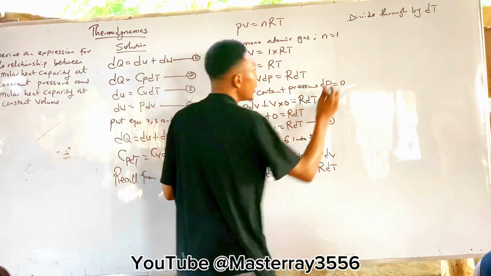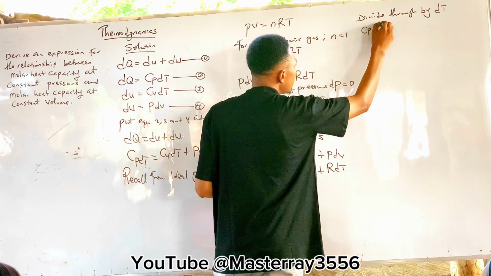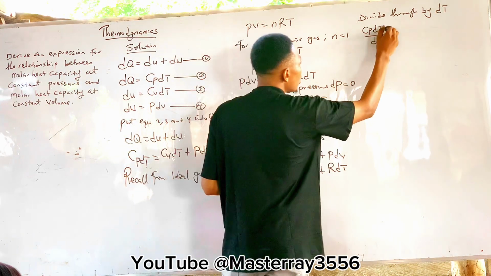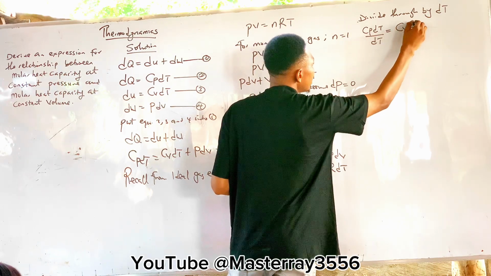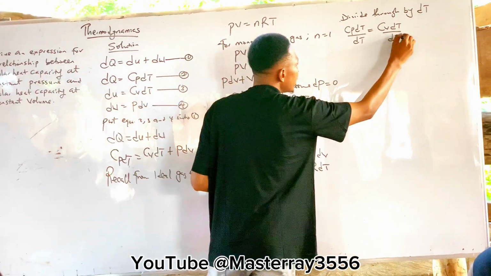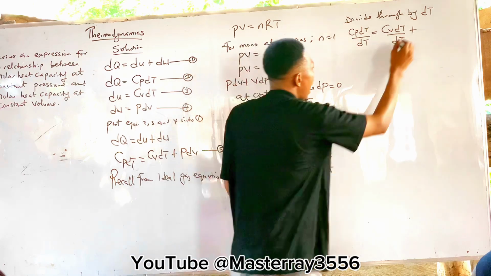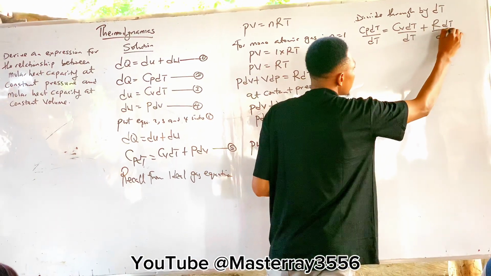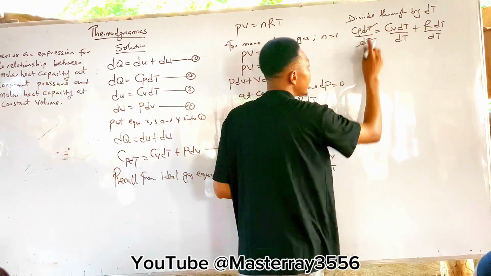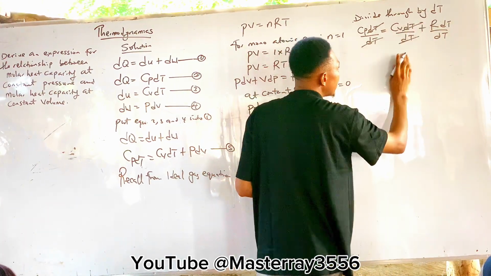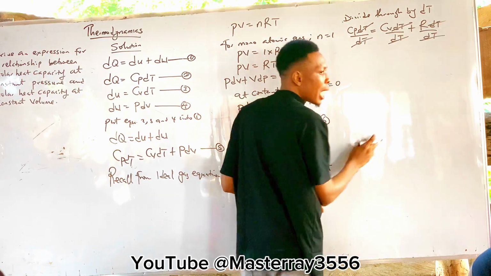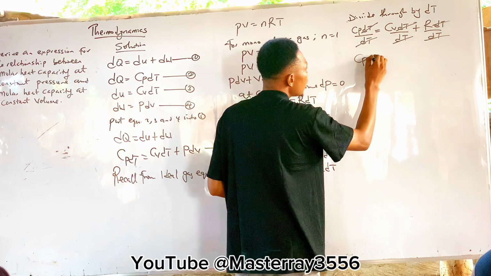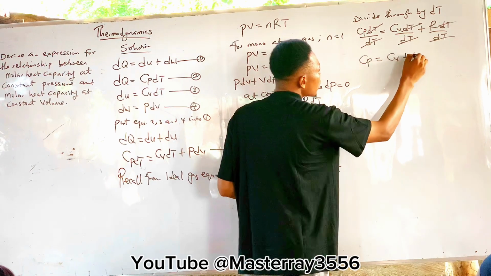So it becomes Cp dT over dT equals Cv dT over dT plus R dT over dT. This can cancel out this, this can cancel out this, and this can cancel out this. Are you following? So what do you now have here? Cp equals Cv plus R.